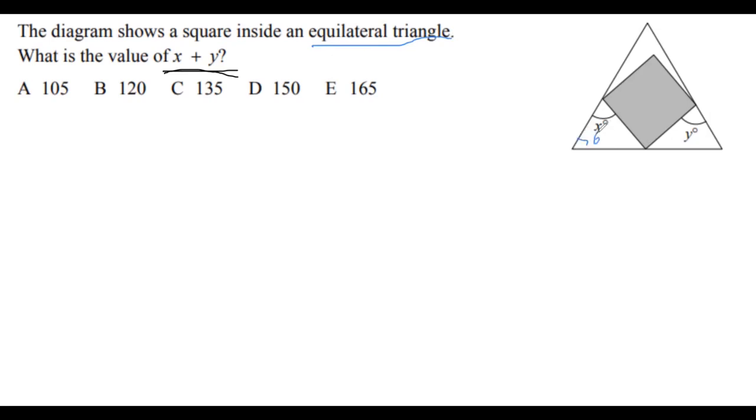This is because all the angles are the same and they add up to 180, so every angle is 60 degrees. And we know that this is a square, so this angle here is 90 degrees. So we need to find x and y.